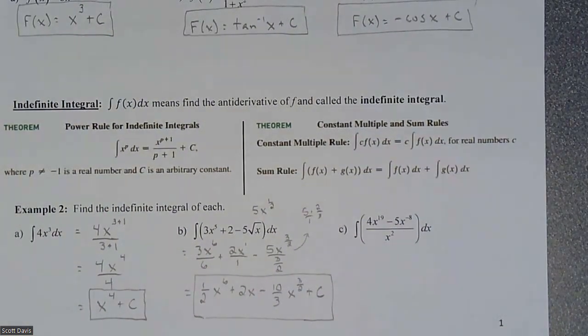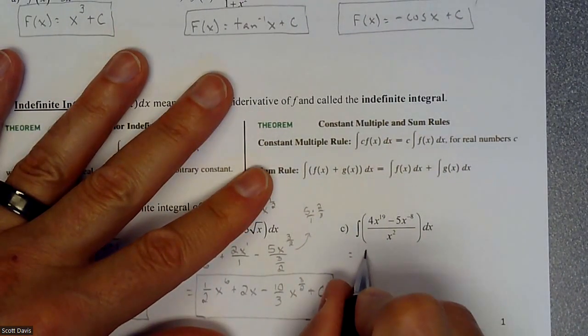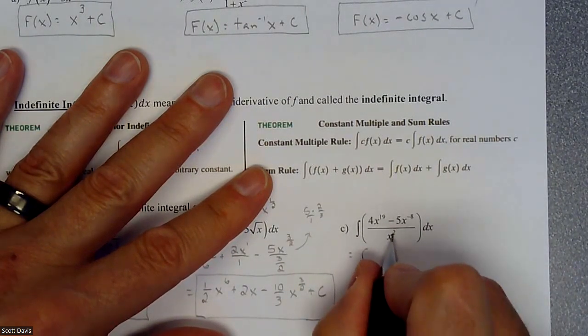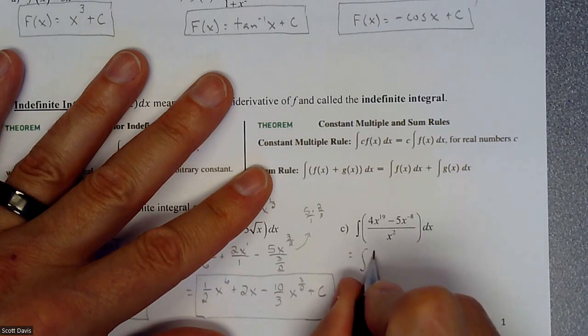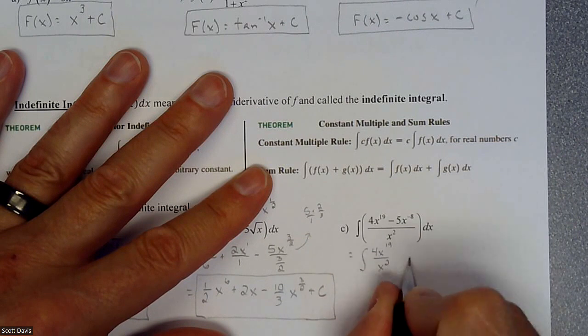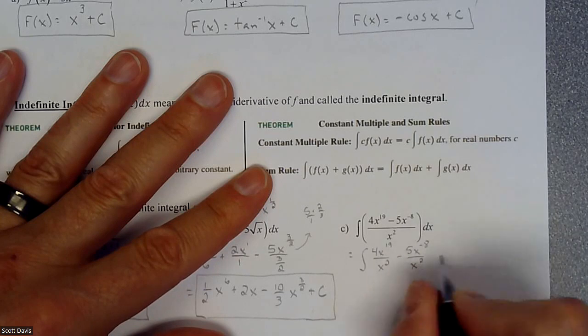Now this one looks like we should have a lot more going on to it, but what we can end up doing is simplifying it. And so before I do the antiderivative, I can take this and break it up, take that x squared and break it up into each of them. So I'd have a 4x to the 19th over x squared minus a 5x to the -8 divided by x squared.